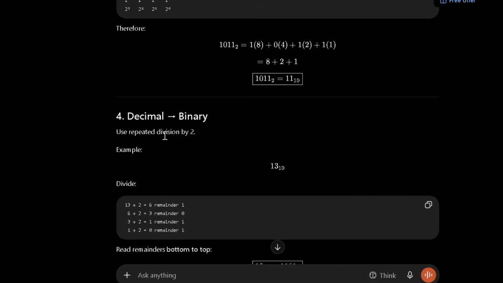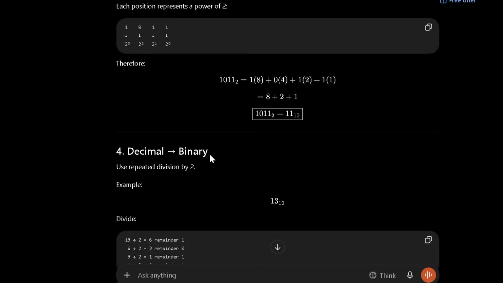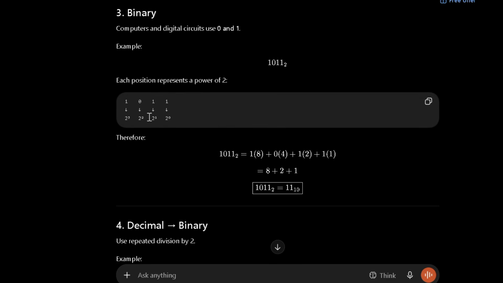Decimal to binary uses repeated division by 2. Example, 13. To convert a decimal number into a binary number, we divide 13 by 2. We get 6, remainder 1. Then we again divide 6 by 2, we get 3, remainder 0.